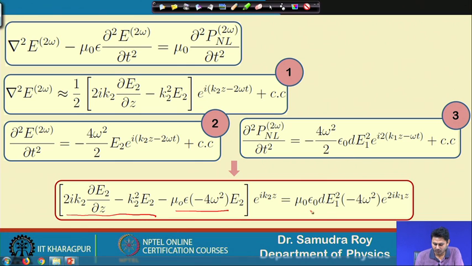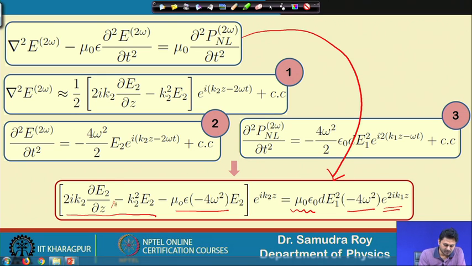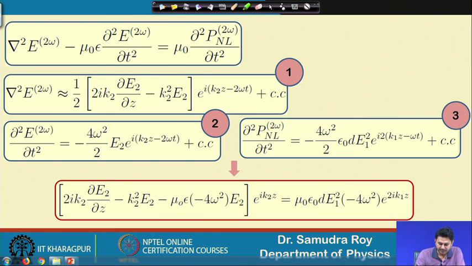So, epsilon 0 and then mu 0 is there, d is there, E1 square is there, and then minus 4 omega square term will be there with exponential 2 I k1 z. So, from here actually we have a differential equation over the amplitude. The phase term is there, but the differential equation we have over the amplitude. So, once we have that, let us see what happens next.